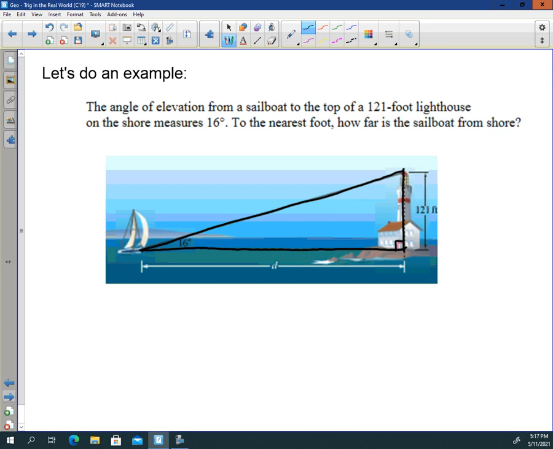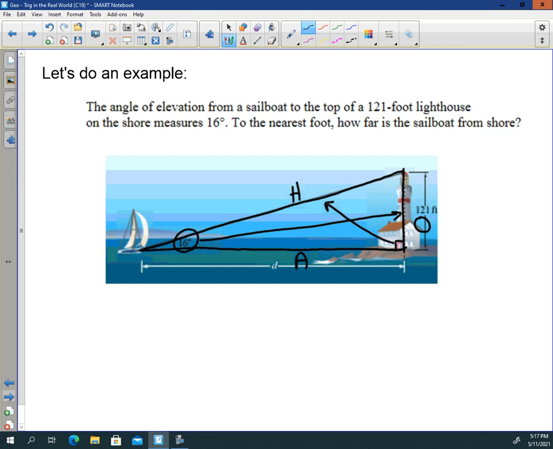Now what we know is that the angle of elevation measures 16 degrees. That means that all the way over here, the height of that lighthouse is your opposite side. And then the hypotenuse is over here. That's the line of sight from the boat up to the top of the lighthouse. And then this distance, d, from the boat to the lighthouse is your adjacent side.